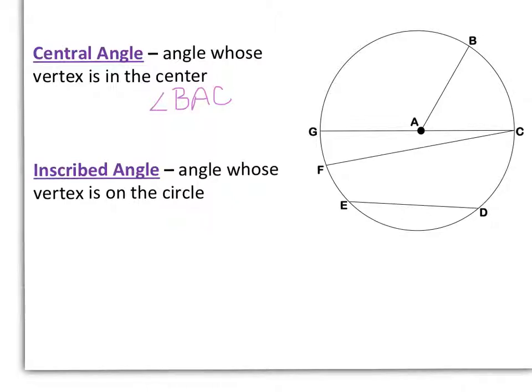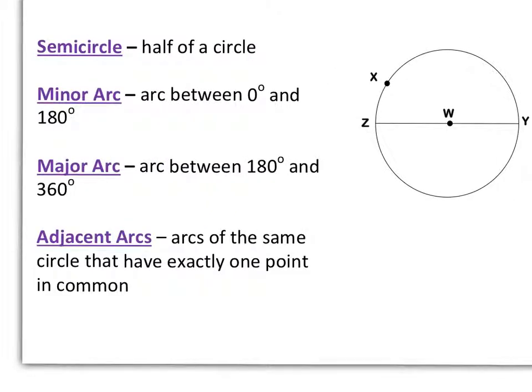So an inscribed angle in our circle is angle GCF. A semicircle is half of the circle. So in our circle now on the right, our semicircle is ZXY, and we have an arc above those 3 letters.